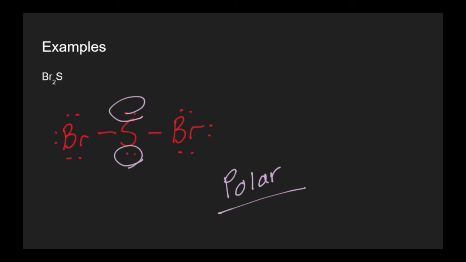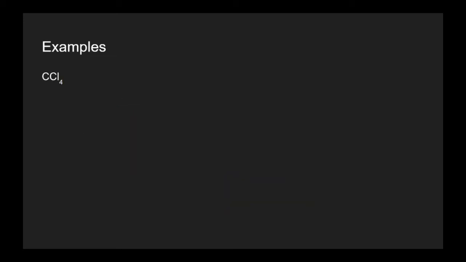All right, let's take a look at another one. All right, our next one is going to be our CCl4. I'm going to go ahead and draw the structure. So we have our carbon in the middle, chlorines around.